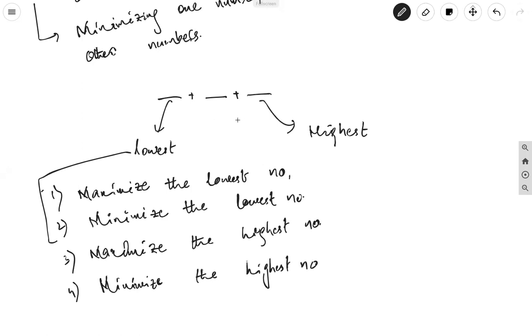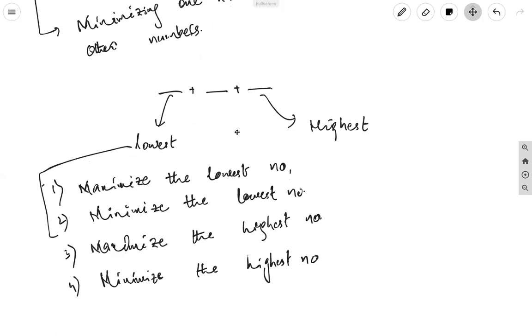So these could be weights. Just remember, in the usual type of question regarding the minimum and maximum concept, you will be asked to maximize one thing or to minimize the other thing. Whenever you are asked to maximize one thing, just like in this scenario, if you're asked to maximize the lowest number, then you need to minimize the remaining two. If you have three quantities and you need to maximize this one, we need to minimize the other two.